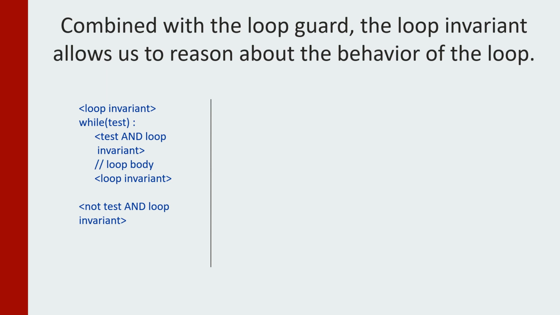At the end of the while loop, basically you don't go inside again because that's the place where the test is not true and the loop invariant is true. So we saw this before with the control flow diagram, but here's just another way of writing it. And so remember, the test was the loop guard, which was B, so I was saying not B, but I have P, the loop invariant, still being true.